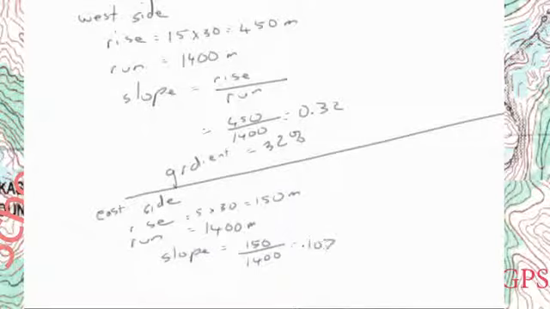Therefore, the gradient is equal to, 2 decimal places over, 10.7%. Quite a lot easier than the 32% we got up here.